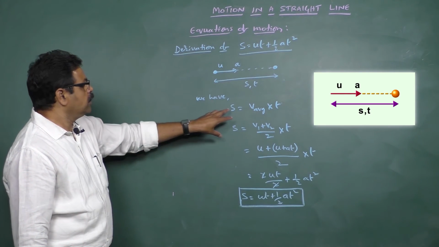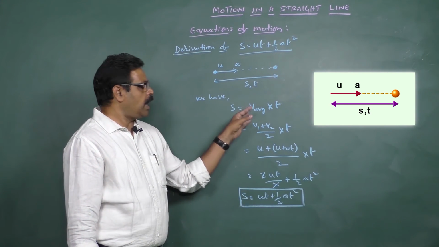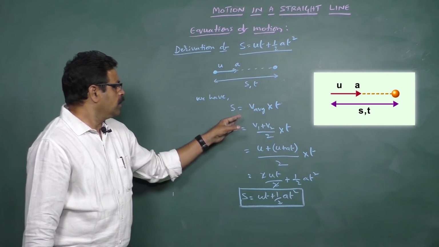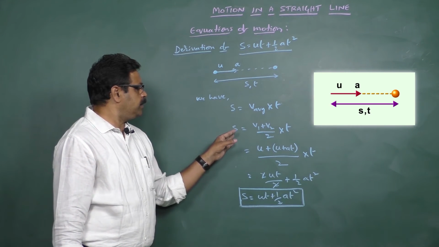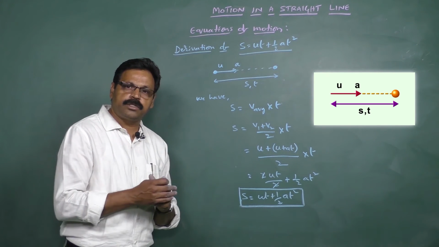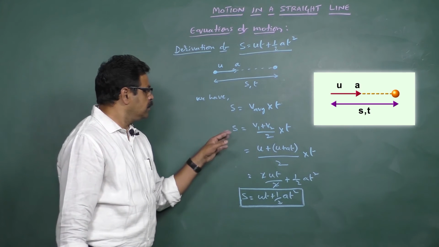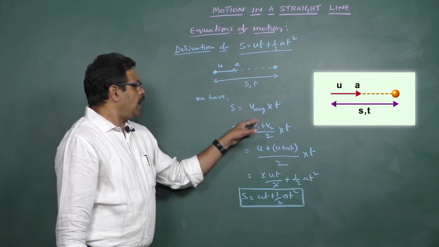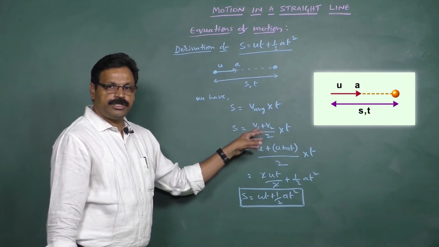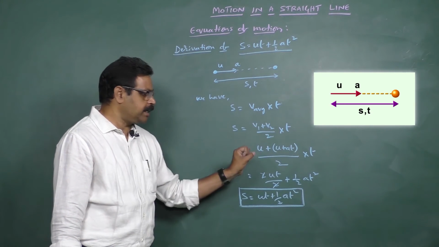For that, we have the distance traveled by a body as the average velocity multiplied by the time. Here the displacement can be written as distance, because whenever a body is moving along the same direction, distance and displacement are the same. Average velocity is given by v1 plus v2 by 2, initial velocity plus final velocity by 2, multiplied by the total time taken.